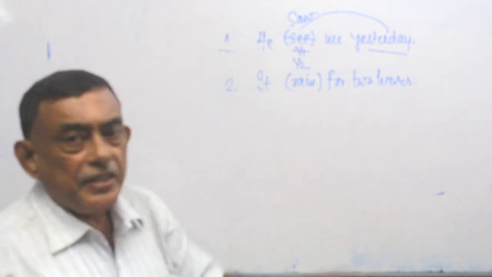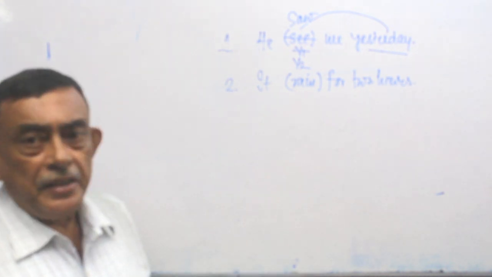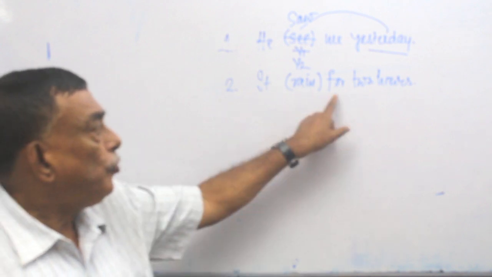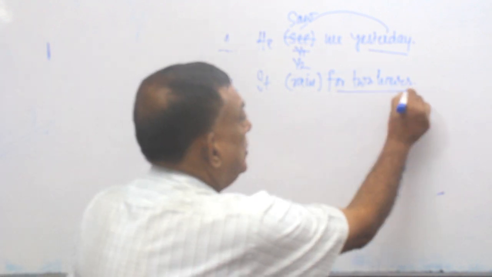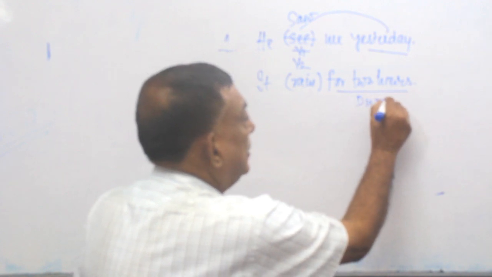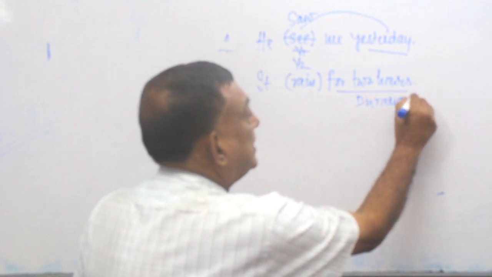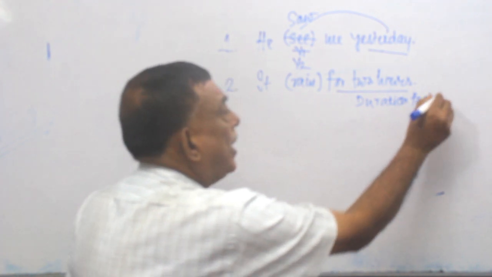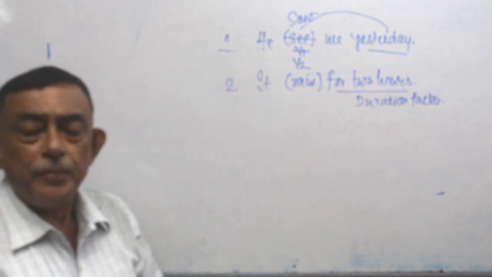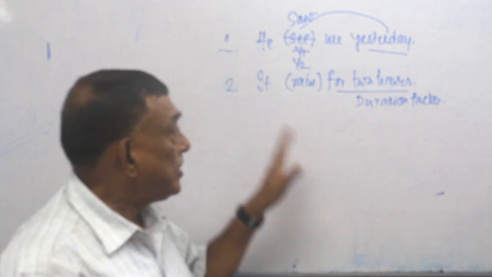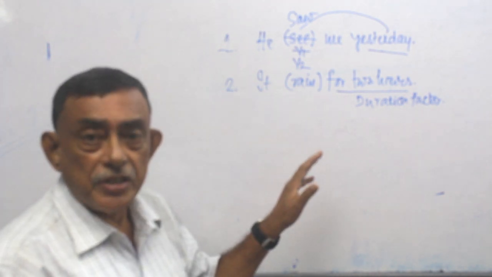Wherever you find this type of sentence, you have to judge "for 2 hours." This is known as the duration factor. As soon as you find this one, it rained for 2 hours, immediately you have to resort to which tense? Present perfect continuous tense.